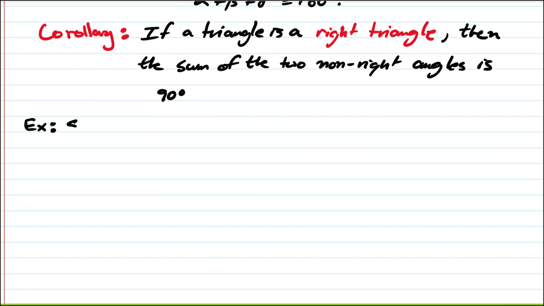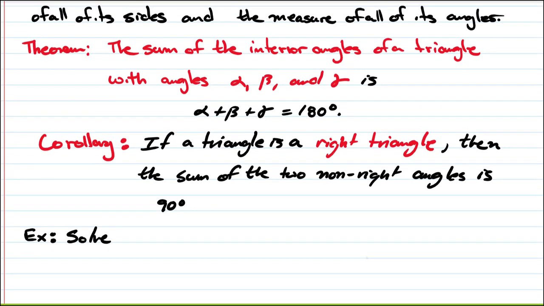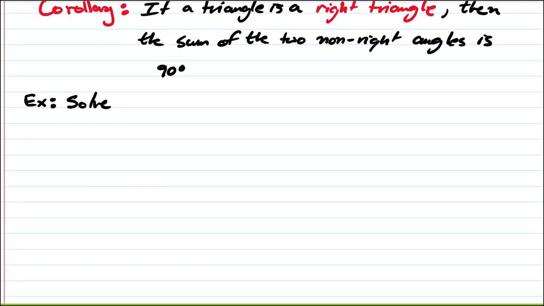If we were just told to solve, so remember, to solve a triangle means to find all of its angles and all of the measures of all of its sides. So if we were just asked to solve and we were given a triangle with the following information, we know that this angle is 47.4 degrees.